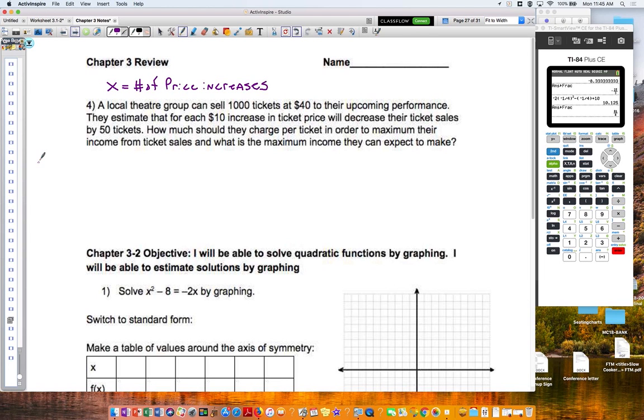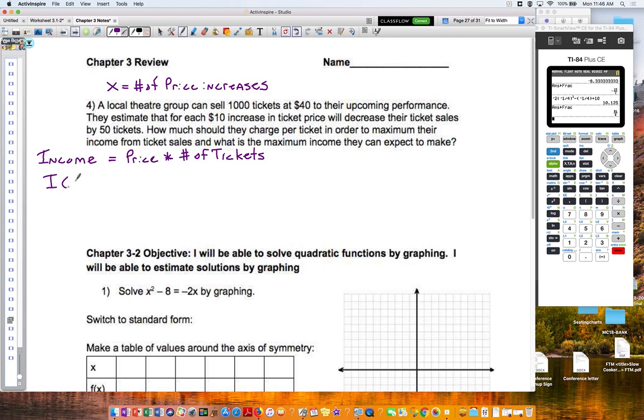Remember that income, we can figure out how much we're making by taking the price of the ticket and multiplying it by the number of tickets. So I need to write an expression for both of these in terms of x.